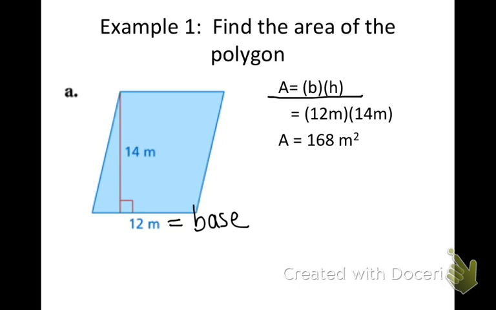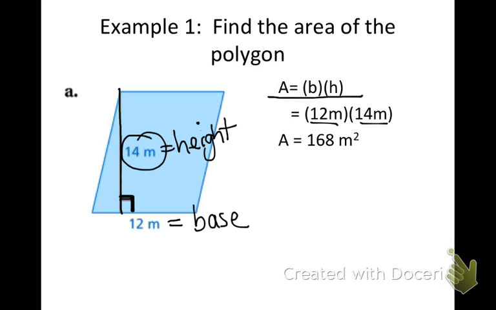12 is my base. And then if I look to see where I make the perpendicular line, there's the little square showing perpendicular. So going from that base, here is the height. So I'm going to label that as my height. And again, I want to see that in your notes. Now I'm going to plug in my numbers to the formula. So base was 12, height was 14.